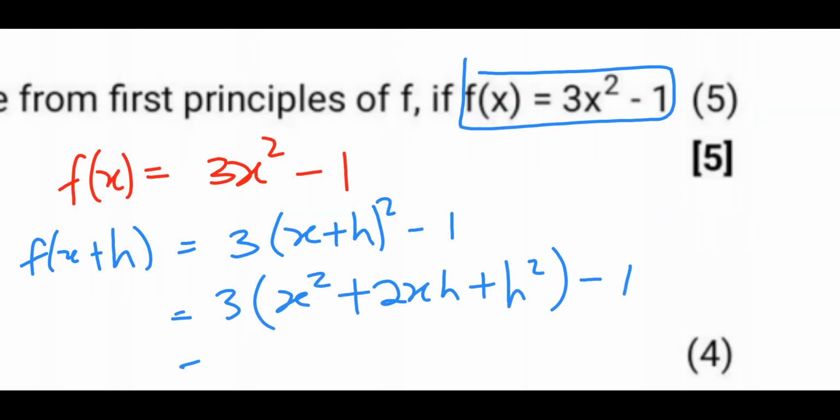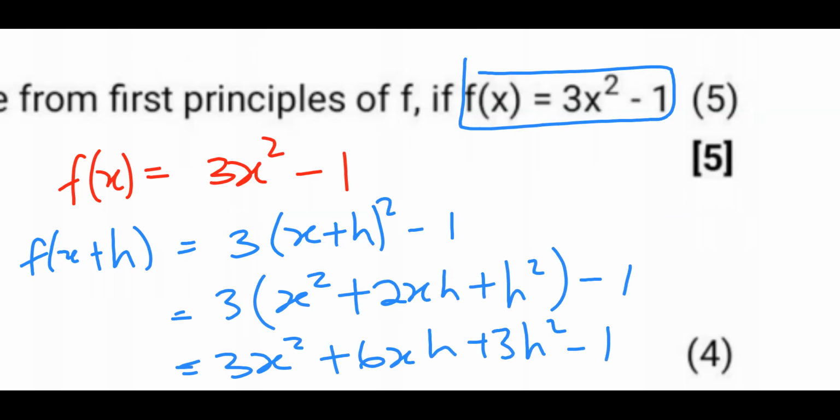Then we multiply with the 3 inside the brackets. And the 1 should not be multiplied by 3 because it's outside the bracket. So again, we just have the minus 1 there. Now, there are no like terms here. So I'll just leave it like that.